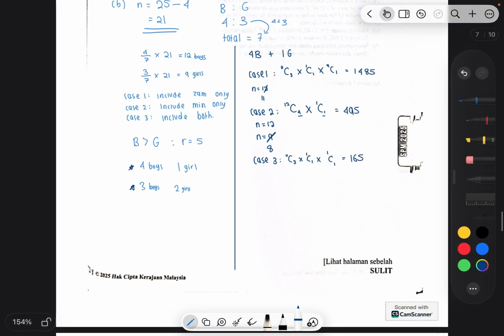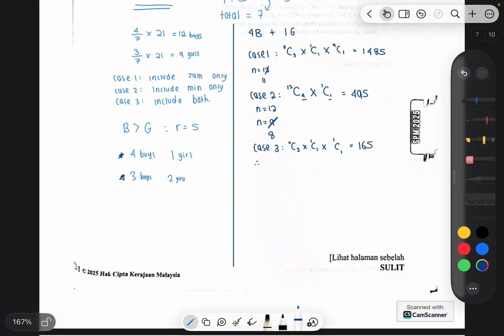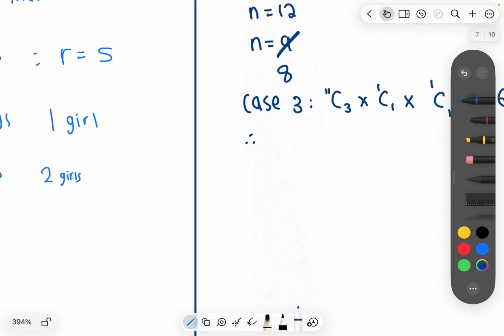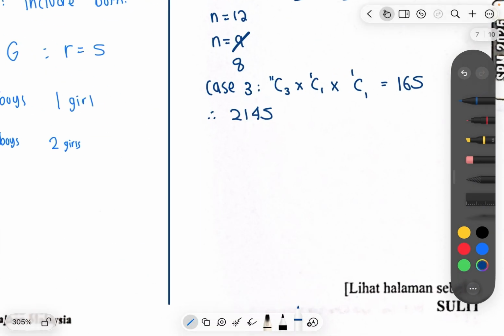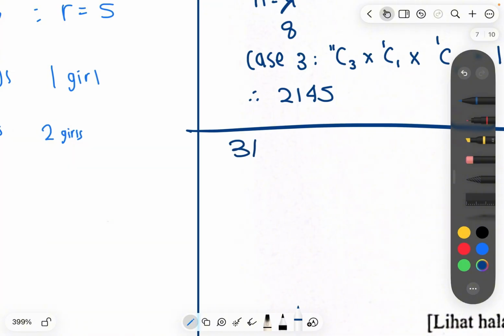Okay, so let's sum everything up and we get 2145. Now let's talk about the next condition. If I choose 3 boys and 2 girls.